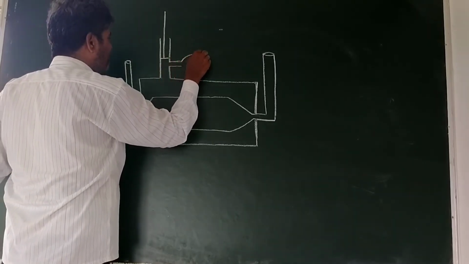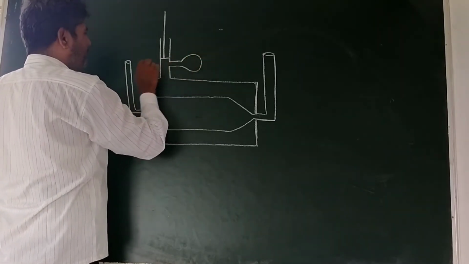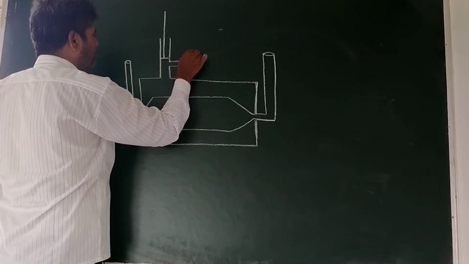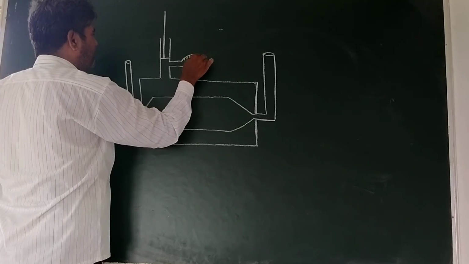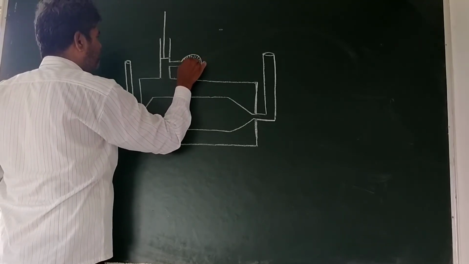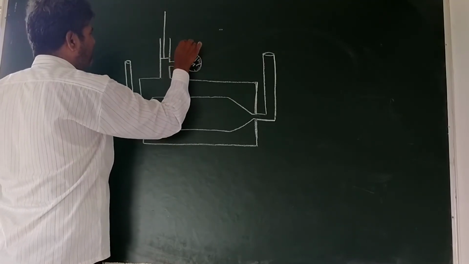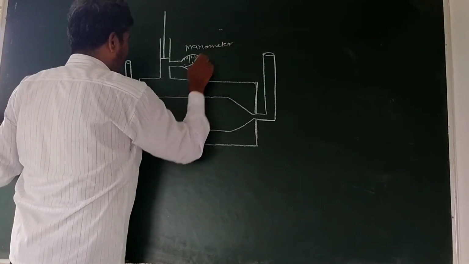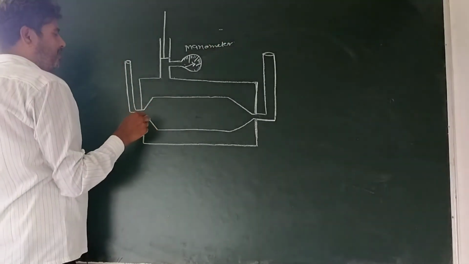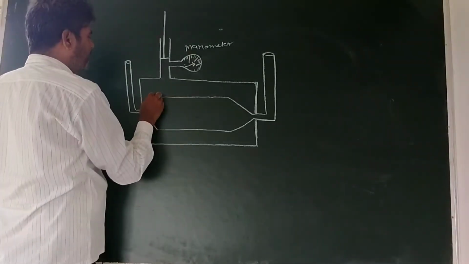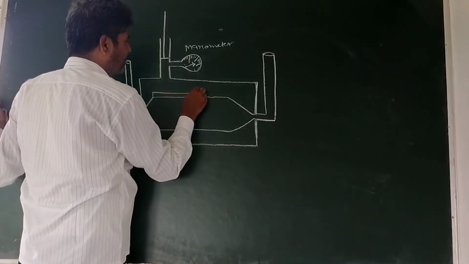And this is the manometer, which is used to measure the pressure. Both chambers are in contact with each other through a semi-permeable membrane.